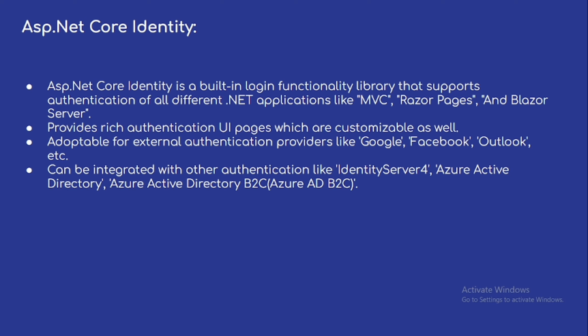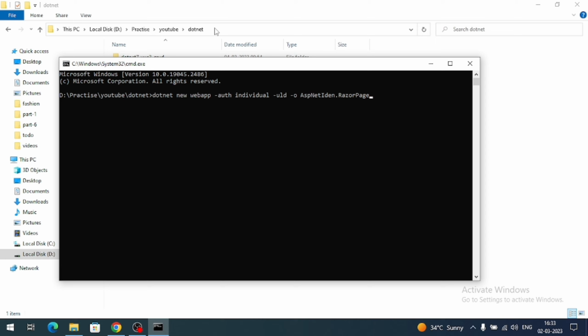So to implement authentication, I am going to create one Razor Pages application with authentication enabled by default. For this demo, I am using a .NET 7 Razor Pages application to display the ASP.NET Core Identity authentication flow. And I'm going to use an editor like Visual Studio Code. To use Visual Studio Code, we have to use the .NET CLI command for creating the application.